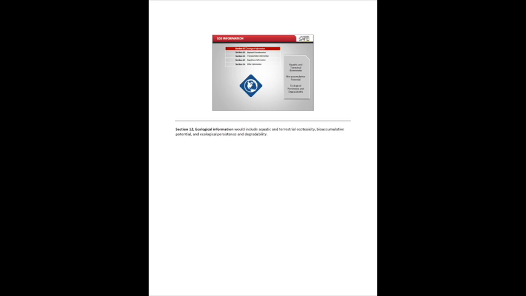Section 12, Ecological Information, would include aquatic and terrestrial ecotoxicity, bioaccumulative potential, and ecological persistence and degradability. Section 13, Disposal Considerations, would include a description of waste residues and information on safe handling and disposal. Next slide.